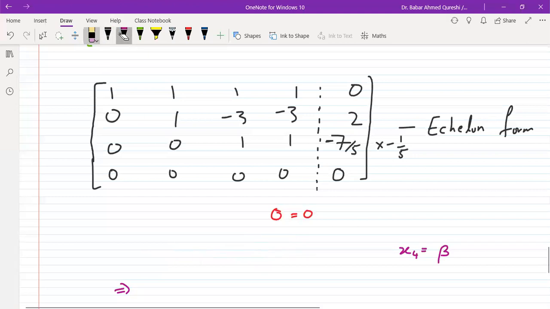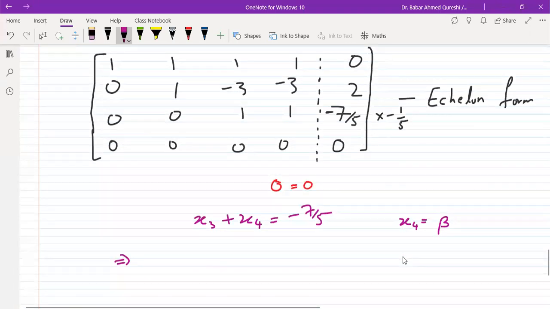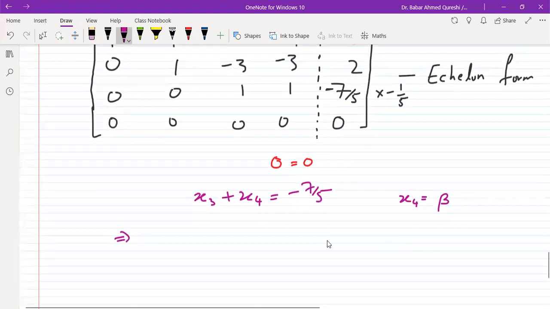So my second equation is x3 plus x4 is equal to minus 7 over 5. And x4 is going to be a free variable, so I just call it beta, just for ease of my eye, so I know that I can put any number over here.